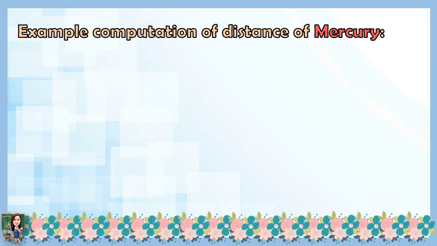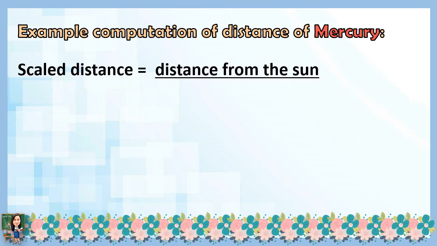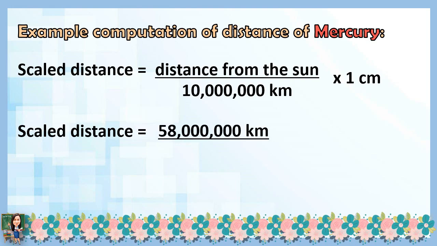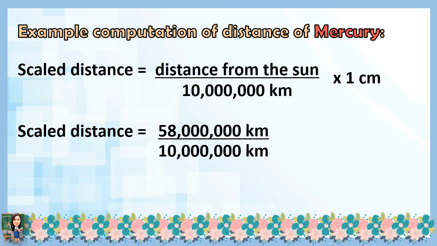Example computation of distance of Mercury. Scale distance equals distance from the Sun divided by 10 million kilometers times 1 centimeter. The distance from the Sun of Mercury is 58 million kilometers divided by 10 million kilometers times 1 centimeter.